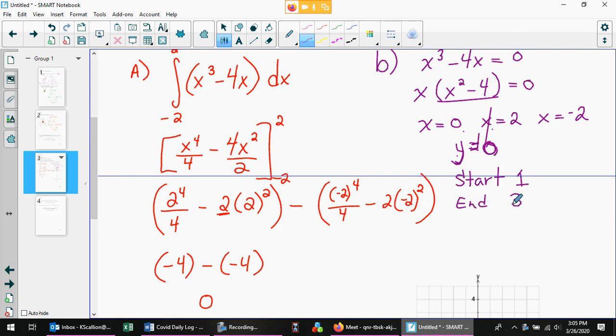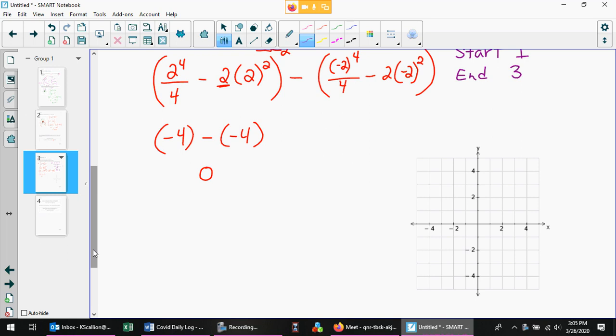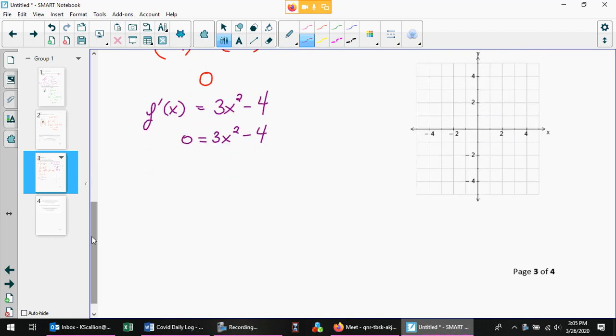And so now to find the max and min of my graph, I'm just going to move over to the left-hand side just because my thing keeps bouncing around. I'm going to take the first derivative of that cubic function. So that's going to give me 3x squared minus 4. And if I set that equal to 0, you're going to have to believe me.